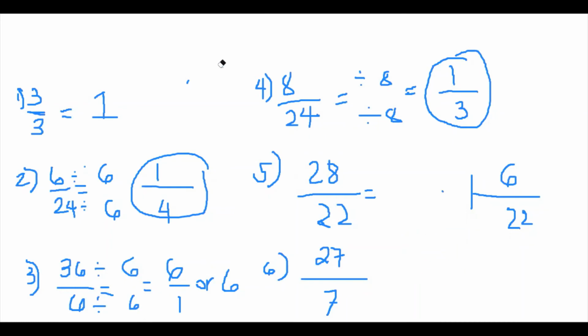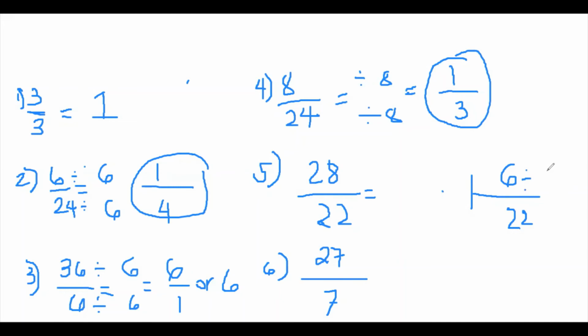So do you think it is now the simplest form of this fraction? No. Why? Because 6 and 22 can still be simplified. 6 and 22 can still be divided by 2.